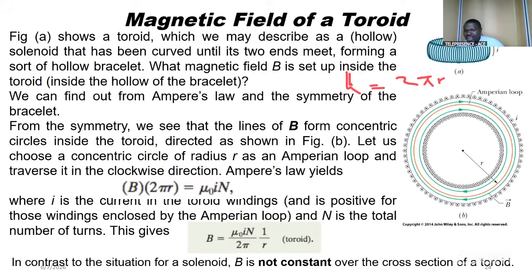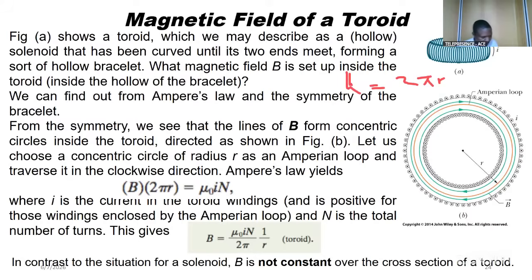So if the radius is very wide, definitely the magnetic field will be smaller, and if the radius is smaller, the magnetic field is going to be larger. Okay, am I communicating? So the field of a toroid decreases with increasing radial distance.